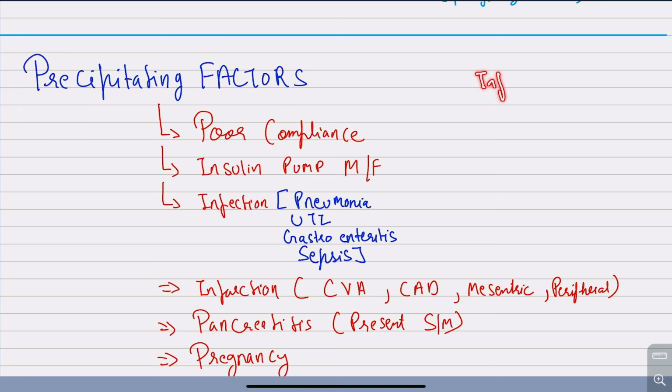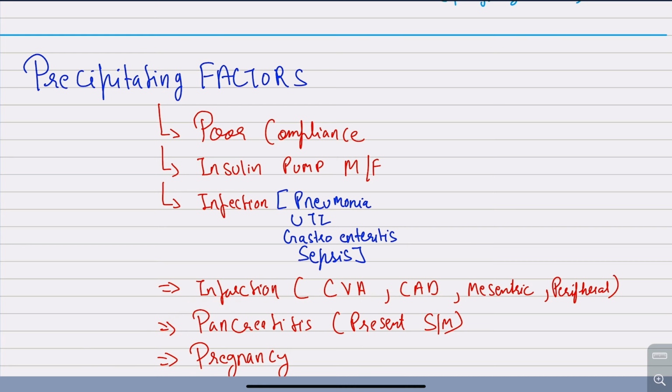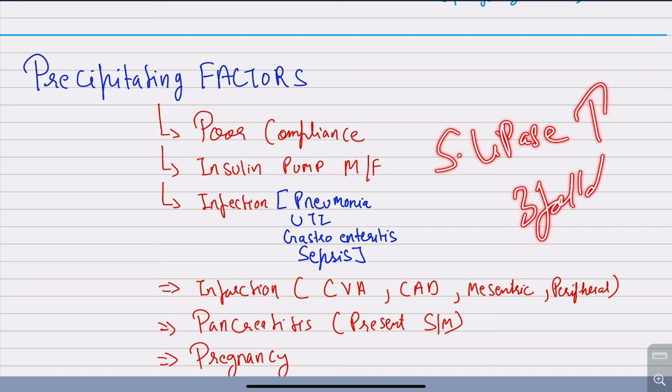The precipitating factors may be infarction, such as a cerebrovascular accident like a severe stroke, ACS (acute coronary syndrome, meaning myocardial infarction or heart attack), mesenteric ischemia in the abdomen, or peripheral vascular disease. Another important one, which is also a differential diagnosis for DKA and can be simultaneously present as a precipitating factor, is pancreatitis, and you will differentiate it by serum lipase elevation of threefold.